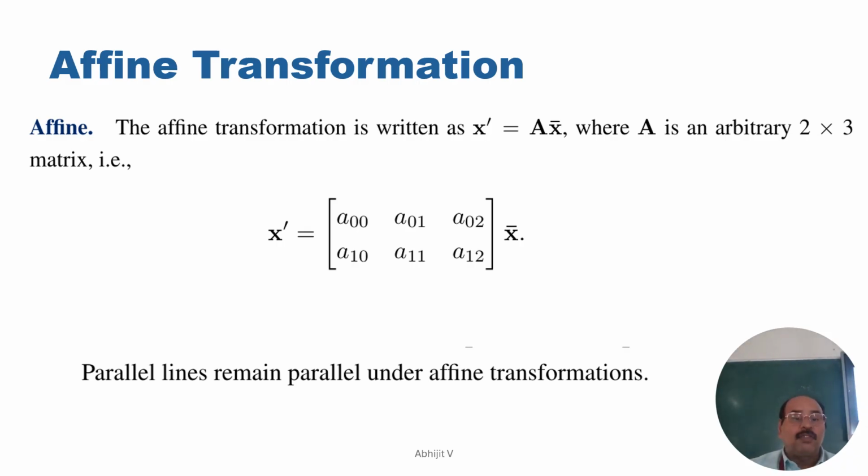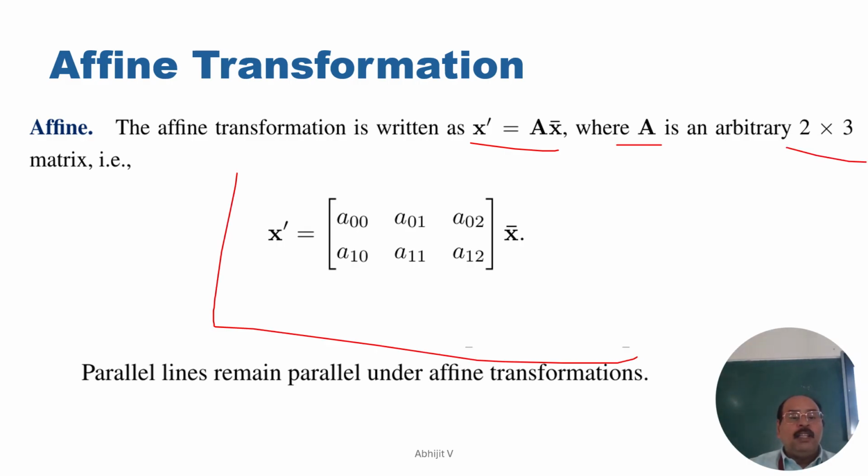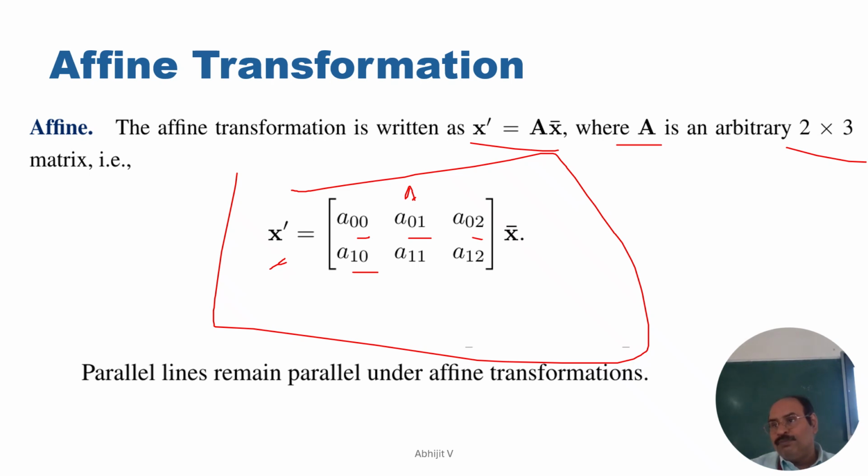What is affine transformation? In this, A is an arbitrary 2 cross 3 matrix, and the transformed matrix X dash is given as a matrix. This is the A matrix: A0, 0, 0, 1, 0, 2, 1, 0. This is an arbitrary matrix. Okay.